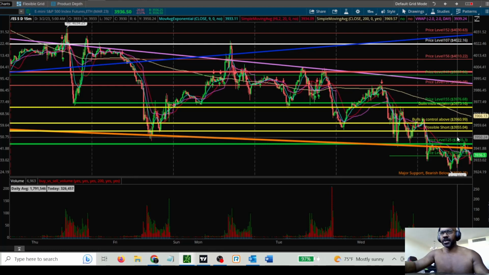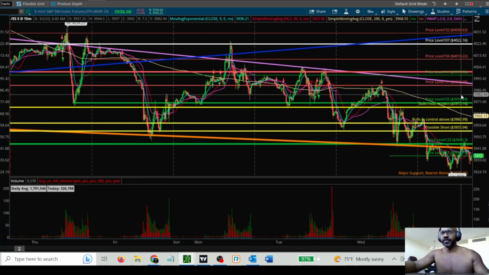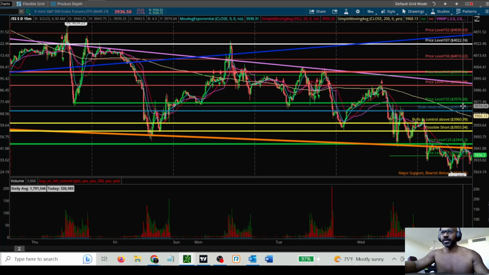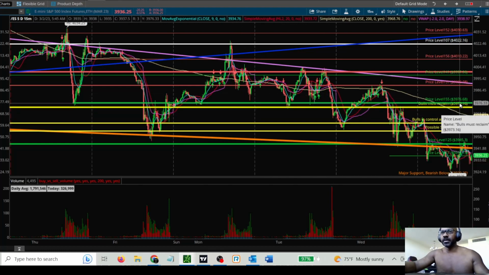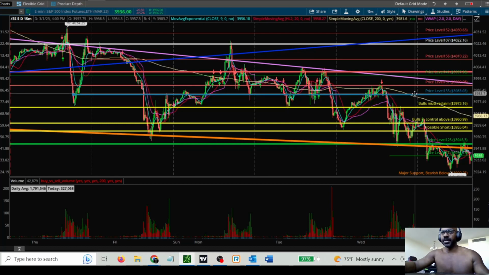That's not very far above, which targets back 3973 here. So bulls must reclaim this to be bullish. 3973, 3983. No, damn it. Undo. This one, see, I have the cursor over there. 3983.